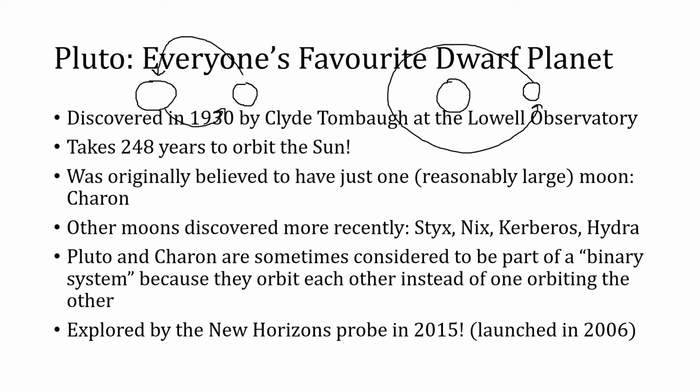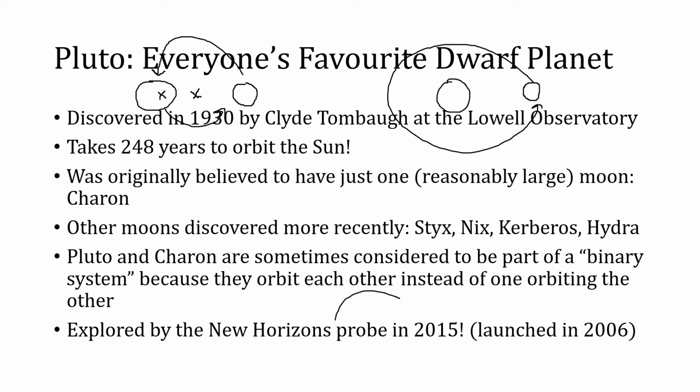But what's actually happening is they're both orbiting some common point in space, and this happens for any two objects. So if you've got even the sun and Earth, they're both orbiting a common point in space. The thing is, it's just usually that point in space is inside the heavier object.